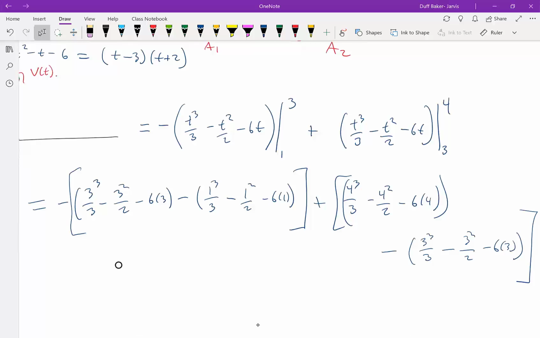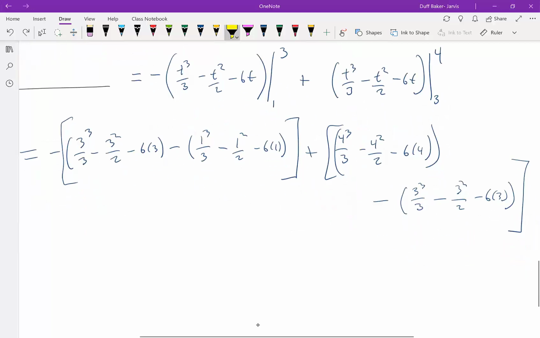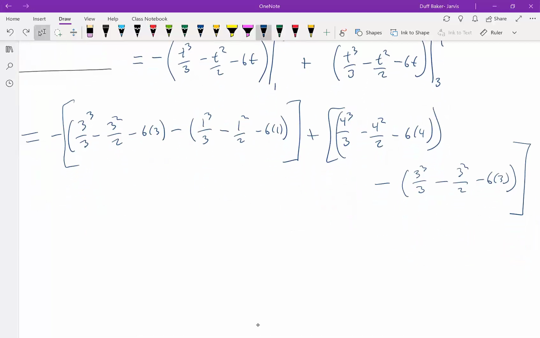And sometimes you'll see that a little bit of it cancels. Like you'll notice here that this term is the same as this term. But they're both negative, right? So it's really minus twice one of them. So you can do a little simplification sometimes. But often you can just plug it into a calculator, and I'll tell you if you do that here, what I got was 61 over 2.